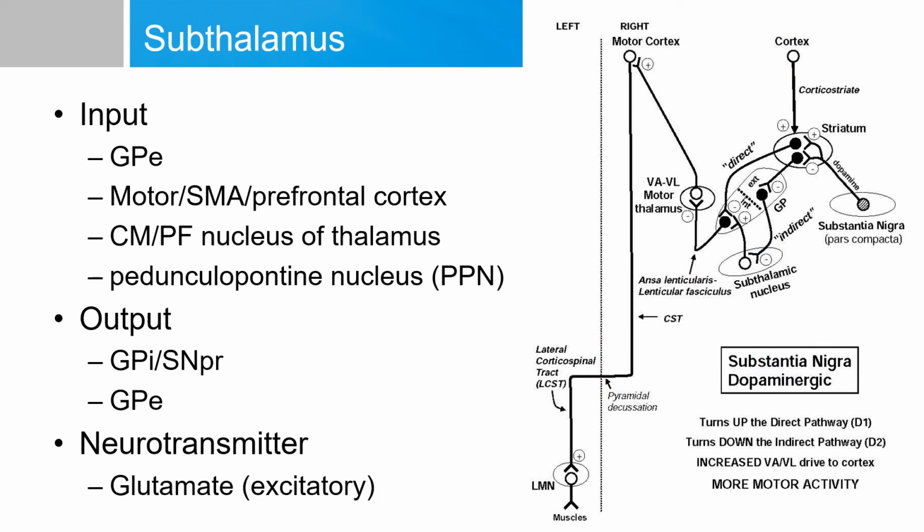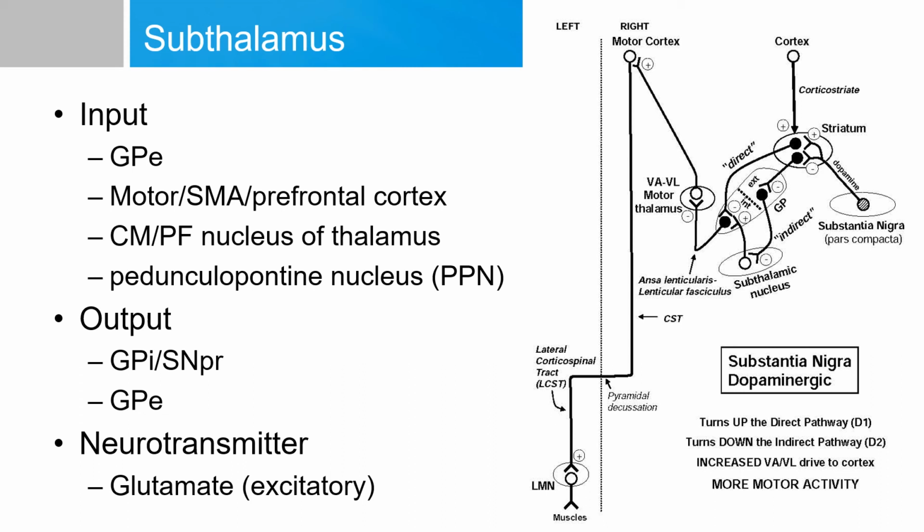So I've listed here all the inputs and outputs of the subthalamus, and it's not important to memorize every single component, but to get a general gestalt feeling of what the components are.